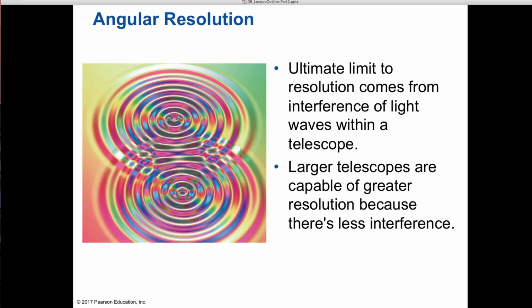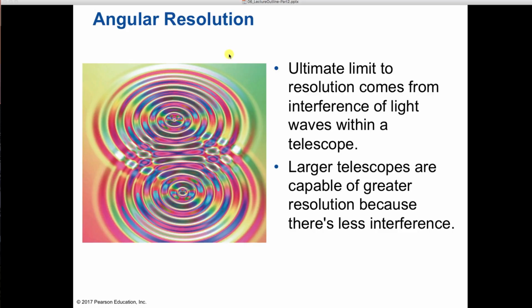The reason why resolving power depends on size has to do with the fact that light behaves like a wave. And when light goes through an opening, any kind of opening, the light kind of bends as it goes through the opening. And when the light hits the sensor that you're forming an image on, like the camera film or the CCD chip in the camera, because light came through a circular opening, it leaves these circular, almost like ripples, fuzziness on the image.